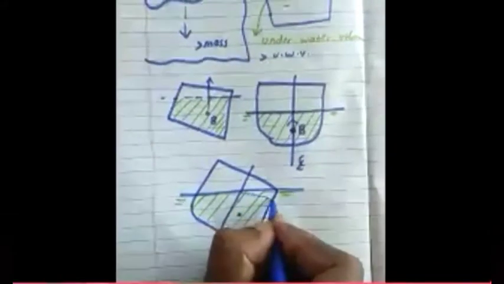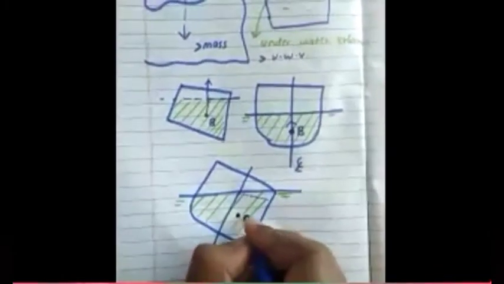Initially, in the third figure, the center of buoyancy lies exactly on the center line, because the underwater volume is the same on the port as well as the starboard side, right? But here, the underwater volume cannot be centered on the center line now. Will it be towards the left side or the right side? The right side. It will be somewhere over this portion, because my underwater volume is a little higher on the right side, so it acts somewhere over here, vertically upwards.